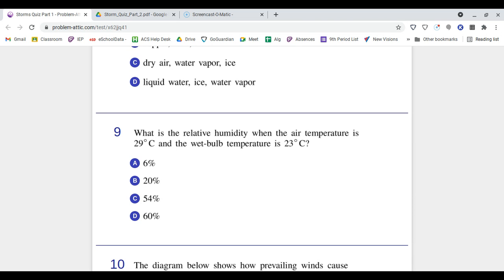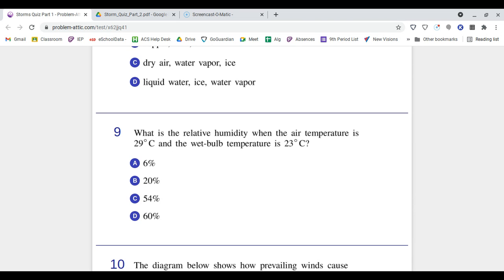So number 9 looks like you're going to use your chart on page 12. What is the relative humidity? So we're going to use the bottom chart when the air temperature is 29 and the wet bulb temperature is 23. So you're going to need to do what? Find the difference between those two numbers, between 29 and 23.